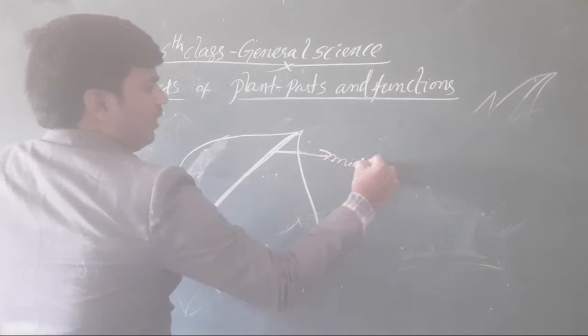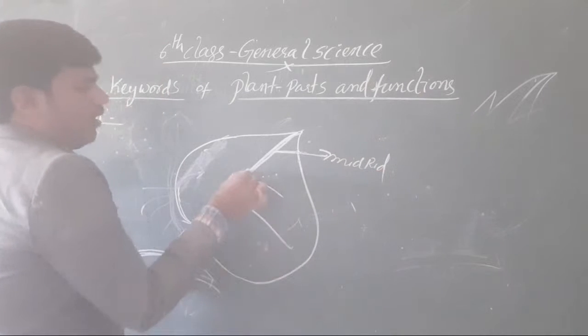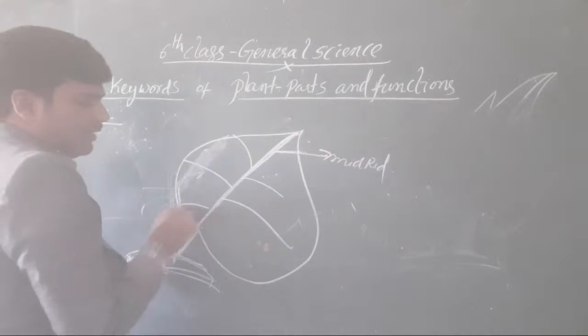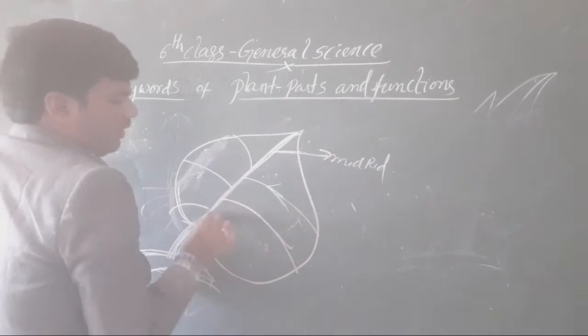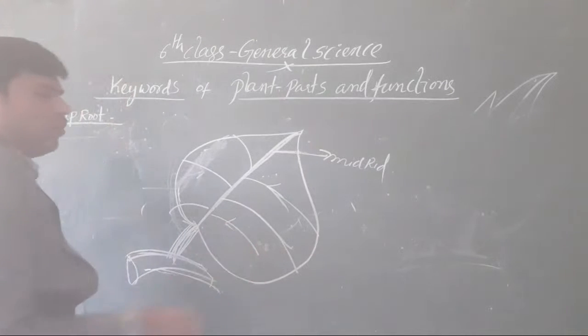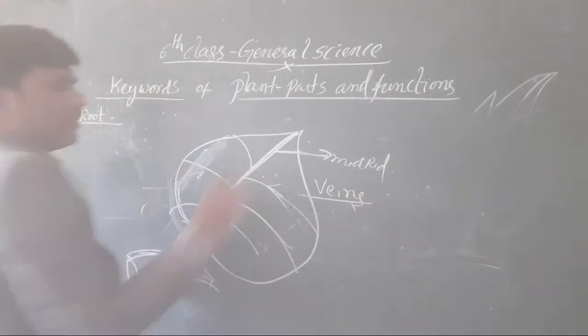You know very well. And along the midrib on the lamina, somewhat hair-like particles may be available. These are called veins. Okay, clear or not, all of you?